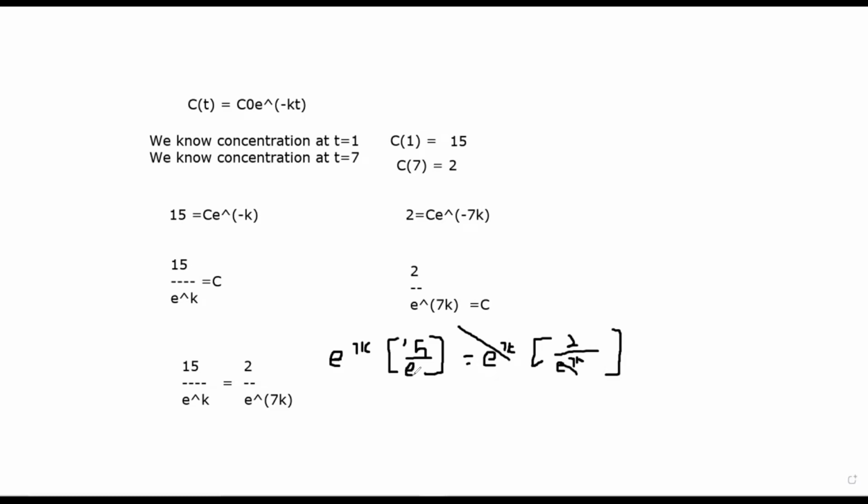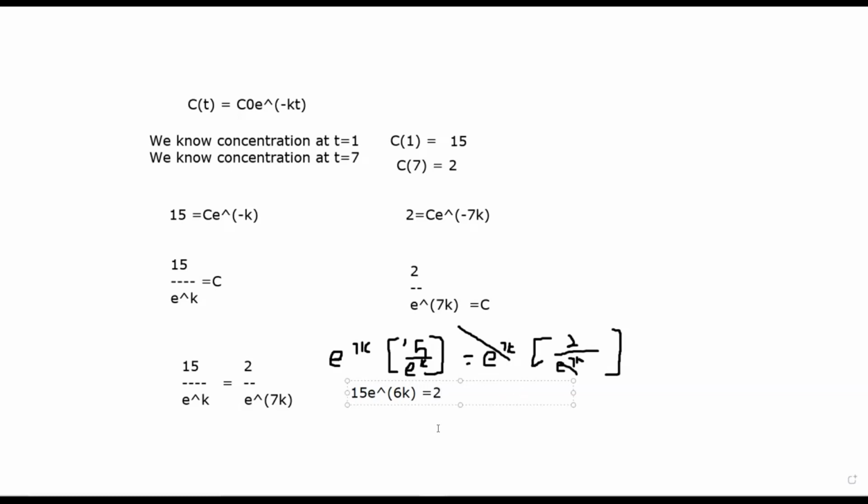So now you're multiplying by e to the 7k, right? Well, you have 15 e to the 7k over e to the k. And remember, when you divide, you subtract exponents, right? So you end up here with 15 e to the power of 6k is equal to 2. Are you okay with that part?